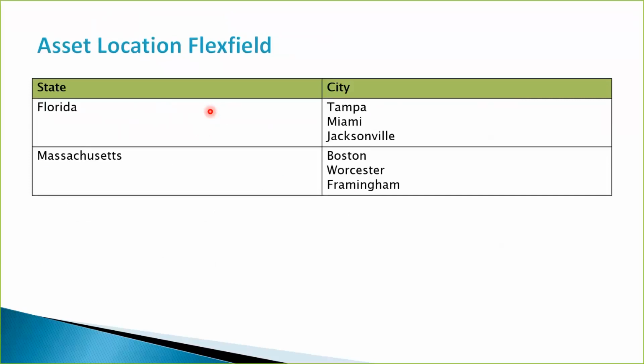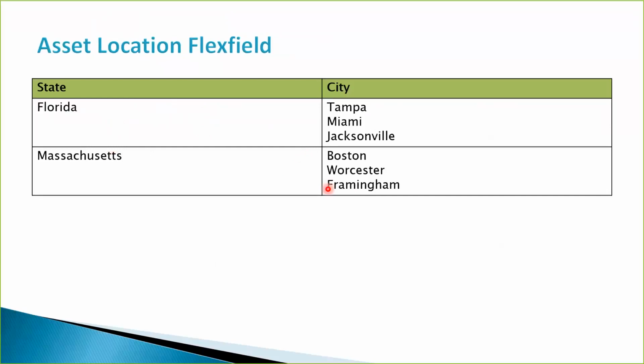So once you have a state, maybe it's Florida, then you'll select your city, which is Tampa or Miami or Jacksonville, and it will be validated on the fly. Okay. Can have the second state, Massachusetts, and the corresponding cities.